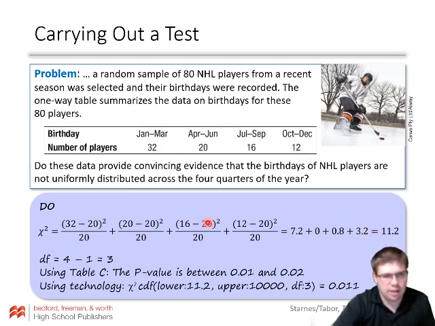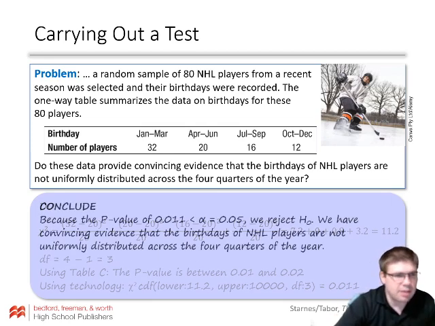Calculating that out, we get a chi-square test statistic of 11.2. The degrees of freedom is 4 categories minus 1, so 3. And if we use the table, chi-square CDF, lower 11.2 up to infinity with 3 degrees of freedom gives us a p-value of 1.1%.